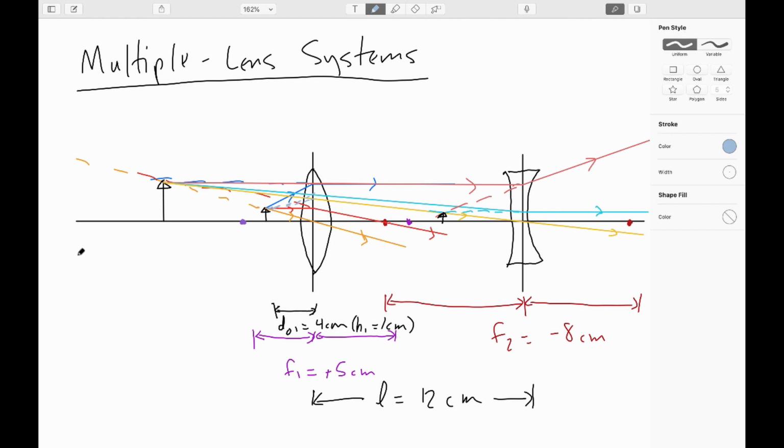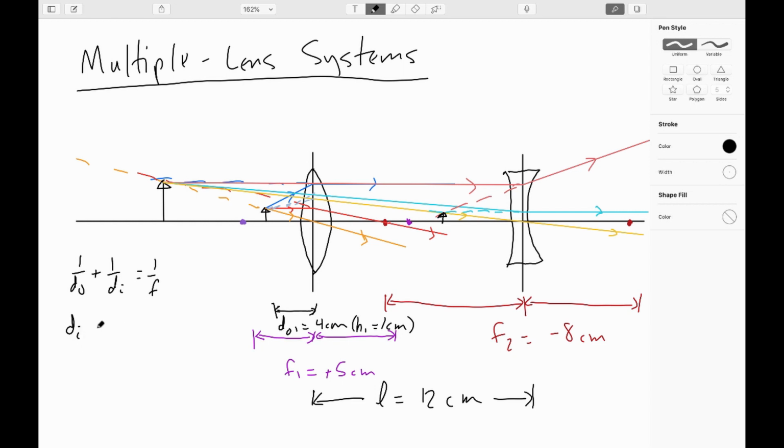So we can say for anything that 1 over dO plus 1 over di equals 1 over f. So we can locate our image.